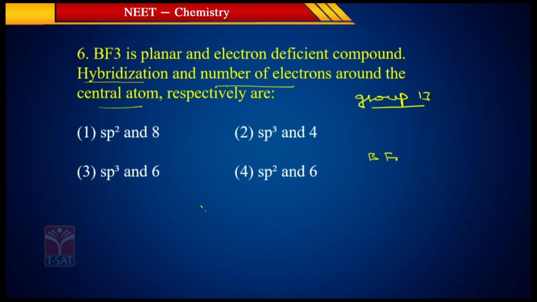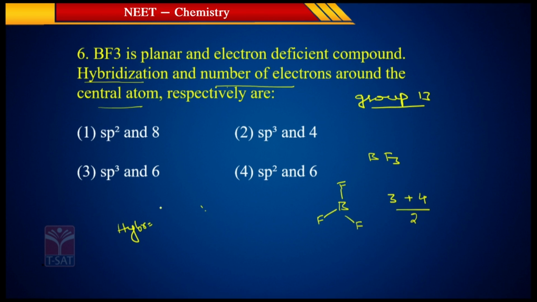How can you find out the hybridization? If you write its structure, boron with fluorine, fluorine, fluorine. Hybridization, how can you calculate it? The formula is very important, all of you should know it.